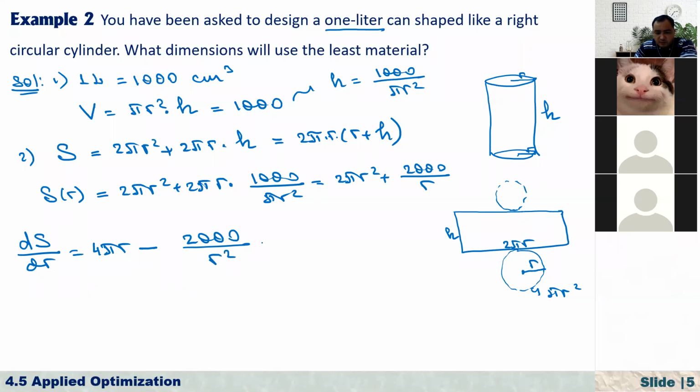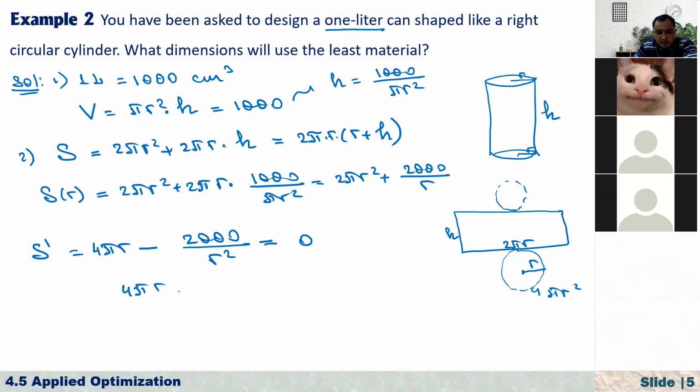And to find the critical point, this must be equal to 0. Let me just write S prime here, since it is clear from the context. Now if you solve this for r, what do we have?